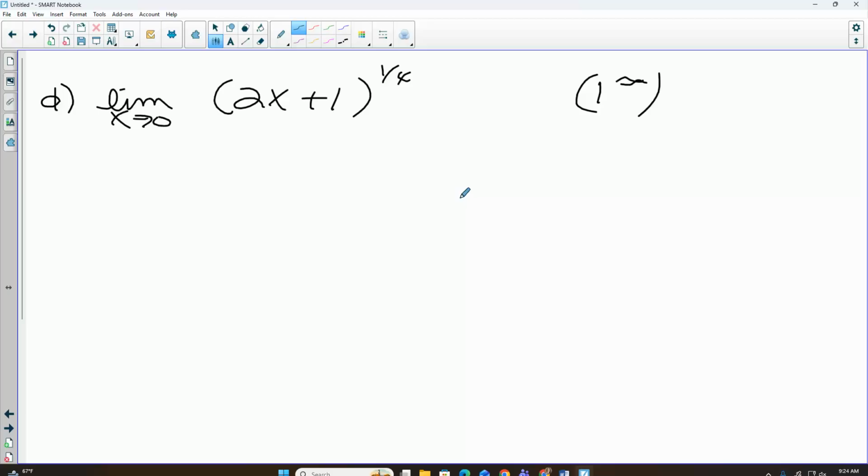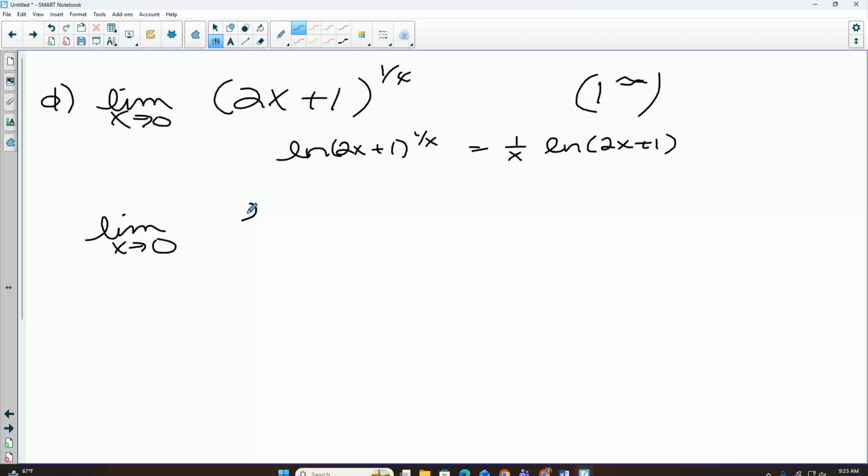When we had those powers, our strategy was to add a natural log, because of the properties of logs. When you add a natural log, what happens to the exponent? It comes to the front. Okay, so this could be the natural log of 2x plus 1 over x.